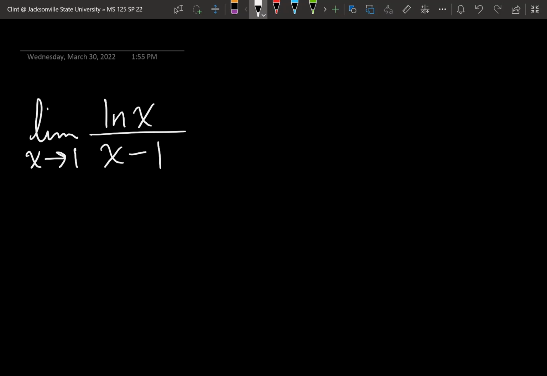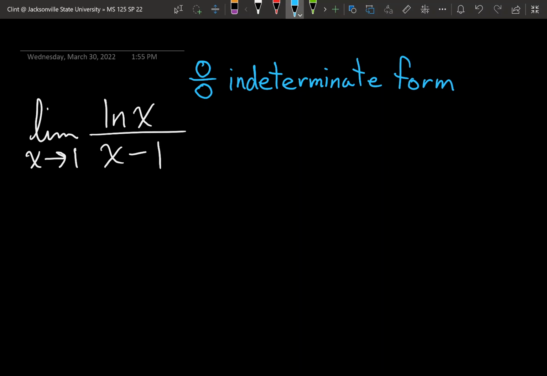If we just try to use direct substitution, this thing is going to give us a 0 over 0 indeterminate form. And that is important. We cannot apply L'Hopital's rule if that is not the situation. Or we can, we'll just be wrong.